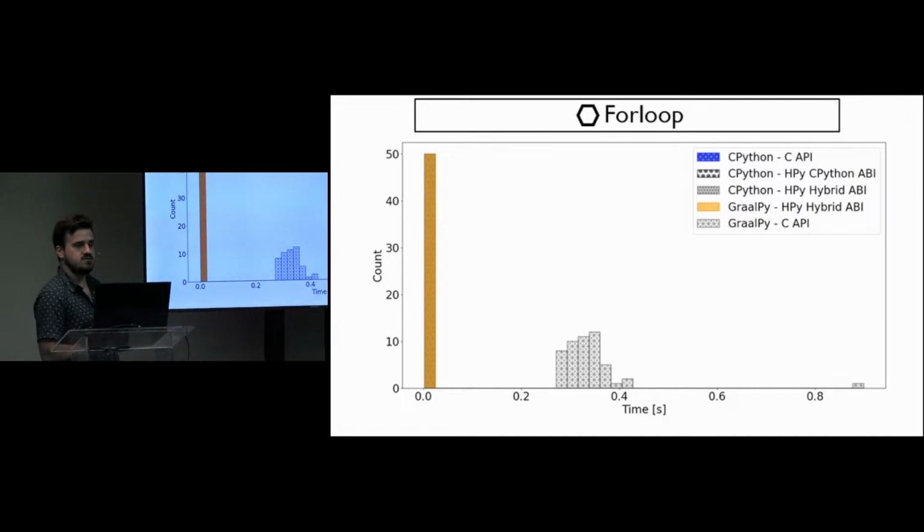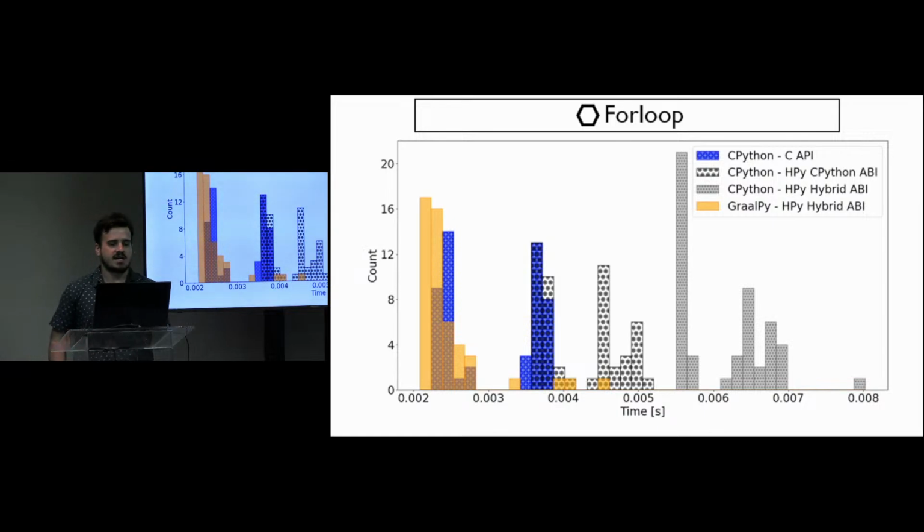Okay, but first for the for loop benchmark, what we see is that GraalPy C API is terrible, as we expected. Like I said, GraalPy is terrible when running C API code. But then if we zoom in, we see that actually GraalPy with the HPy hybrid ABI outperforms CPython with the C API, which is incredible for us.